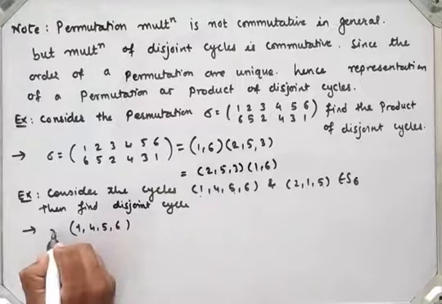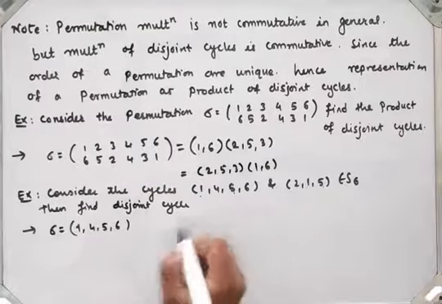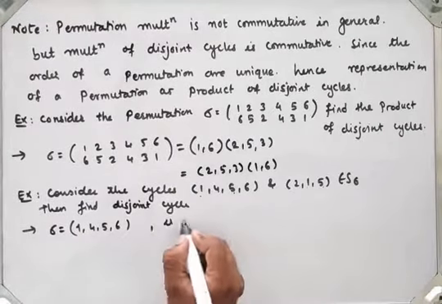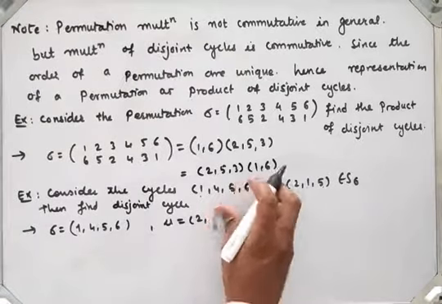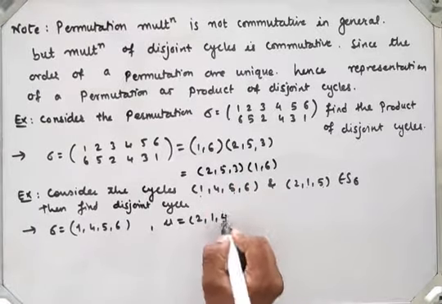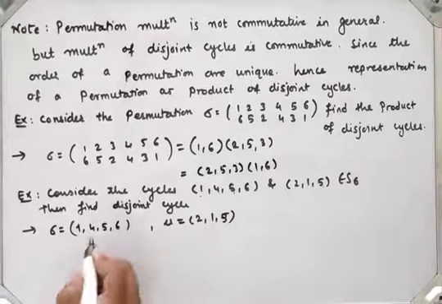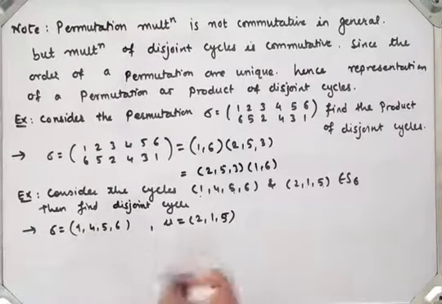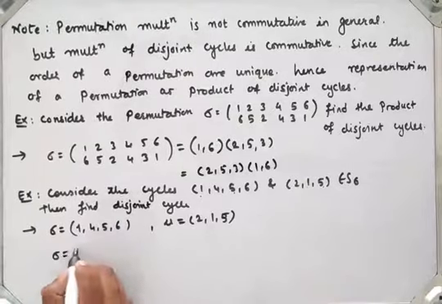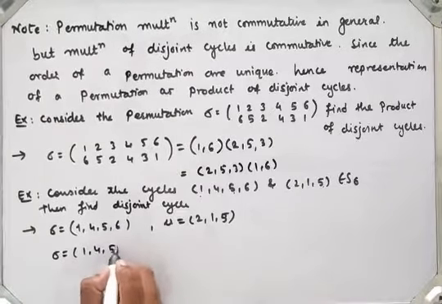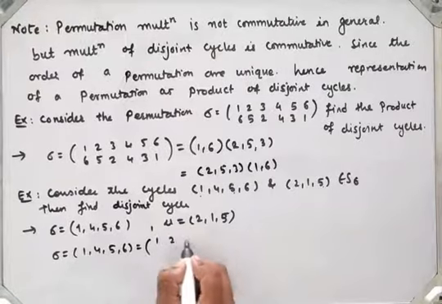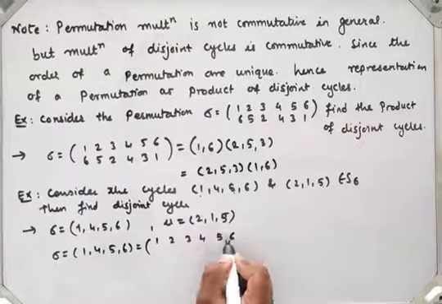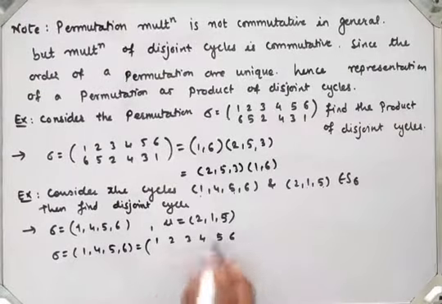I will write the first as sigma, and the second as mu, which is (2 1 5). The first cycle can be written in permutation form. Sigma is (1 4 5 6), and there are 6 symbols in total, 1 to 6.